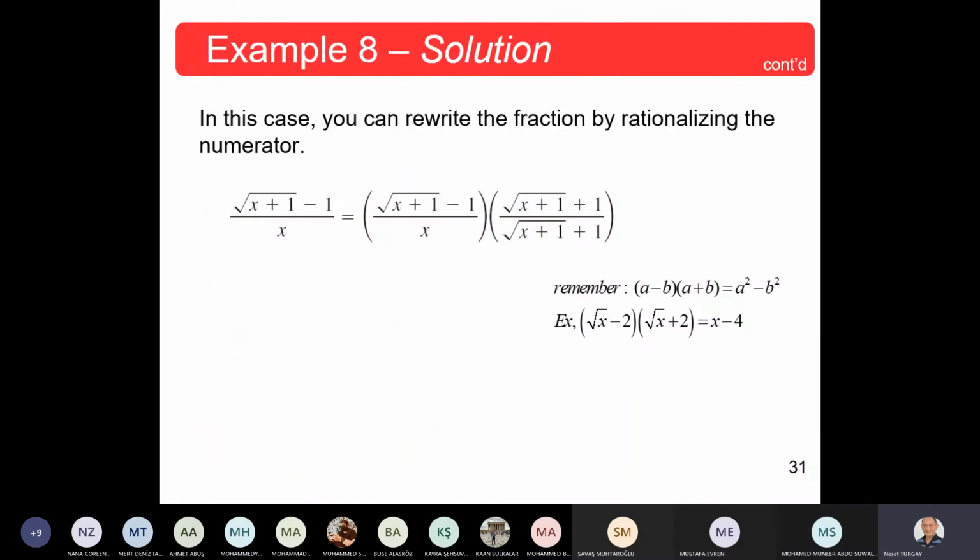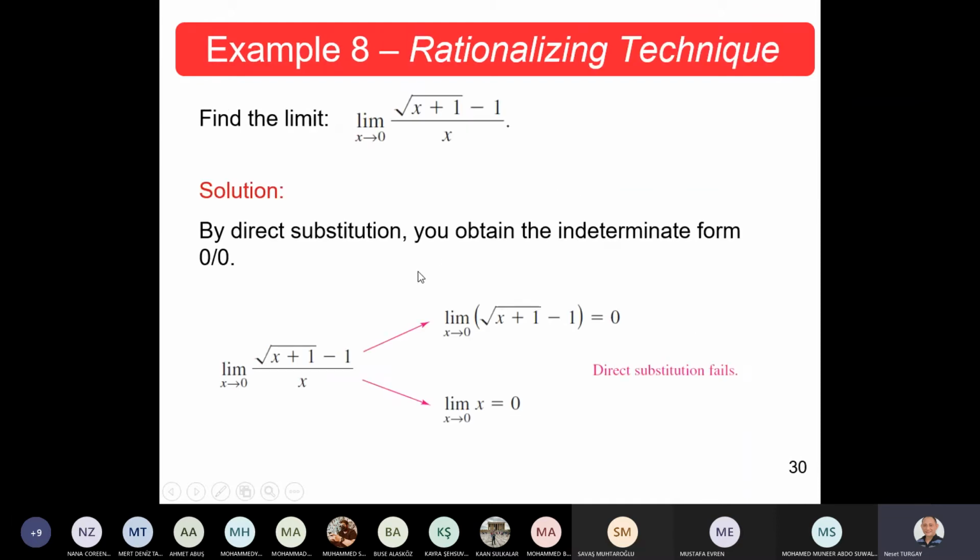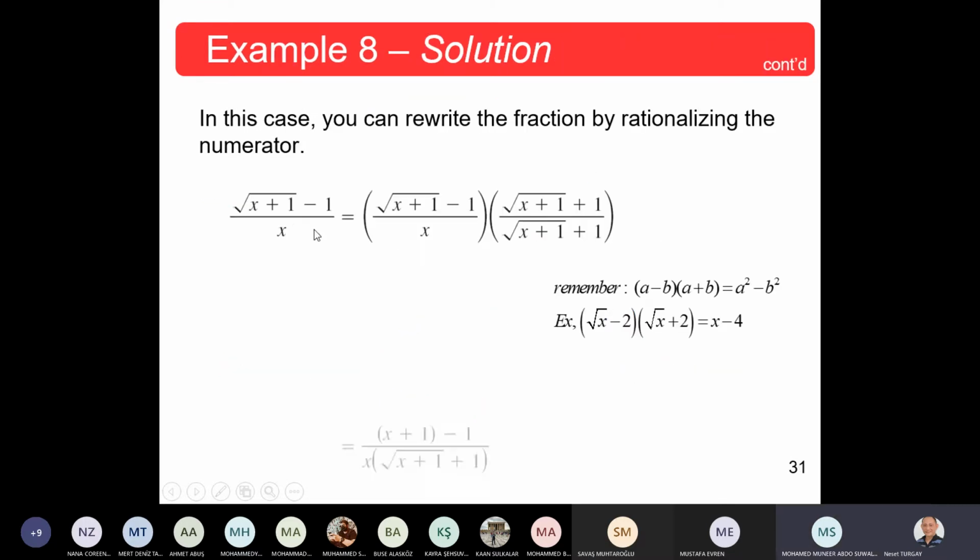Now, my friend, the idea is the same as the 9 over 9 story I just told you. We are taking this, and we need to get rid of the root. So you multiply the numerator by its conjugate, the plus version.